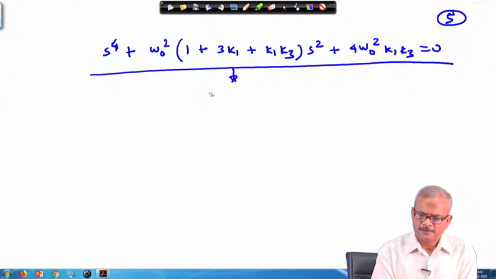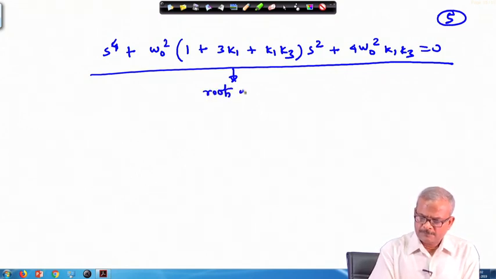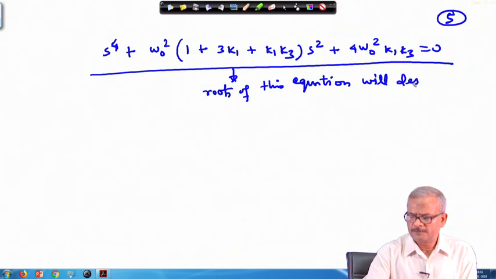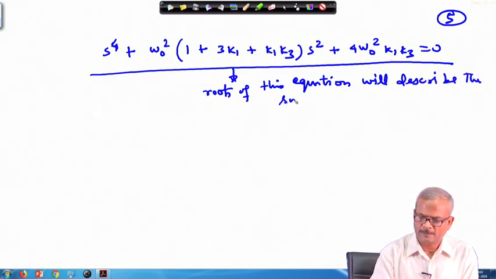And the roots of this equation will describe the system behavior.